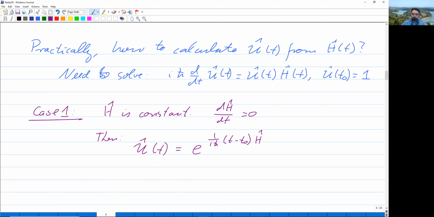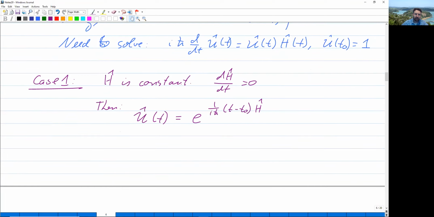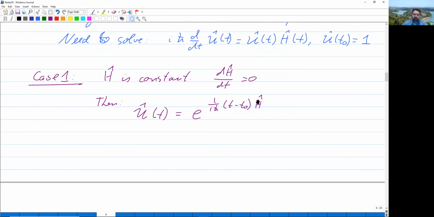Let's check. Well, first of all, you may wonder, what did just happen? We exponentiated an observable. We exponentiated an operator. What does that mean? How is that supposed to be done? Well, let's remember how we exponentiate a number. We don't exponentiate the number by plugging it into a machine.